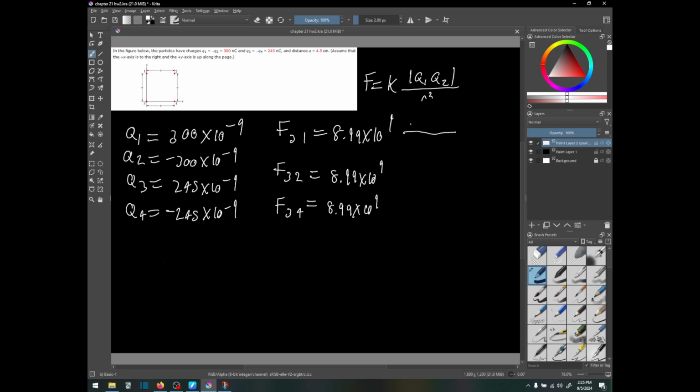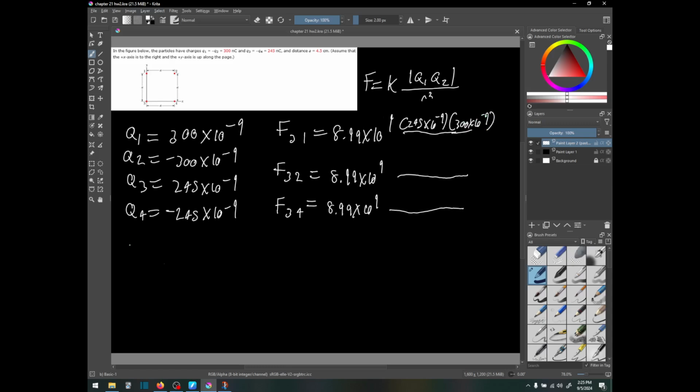And then we would have our charges, and this is going to be 3 versus 1. So this is going to be 245 times 10 to the negative 9 times 300 times 10 to the negative 9.